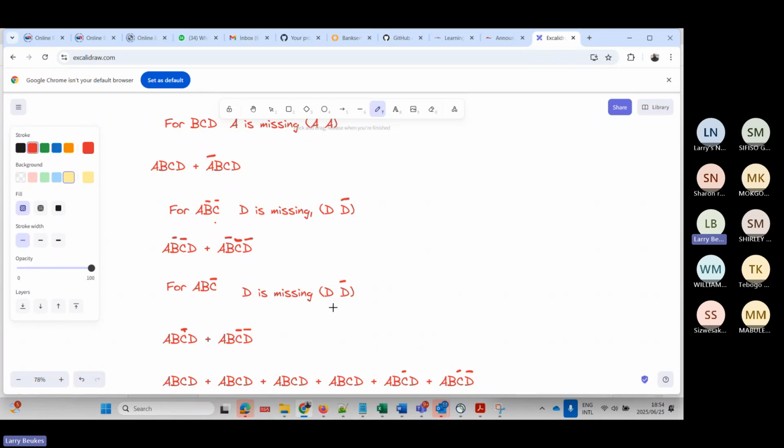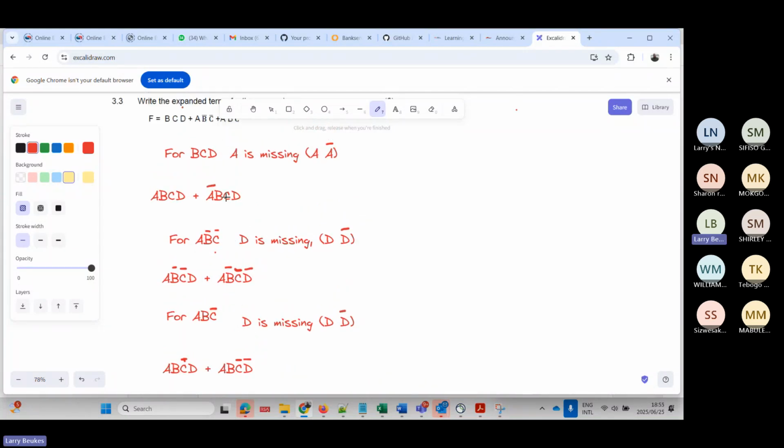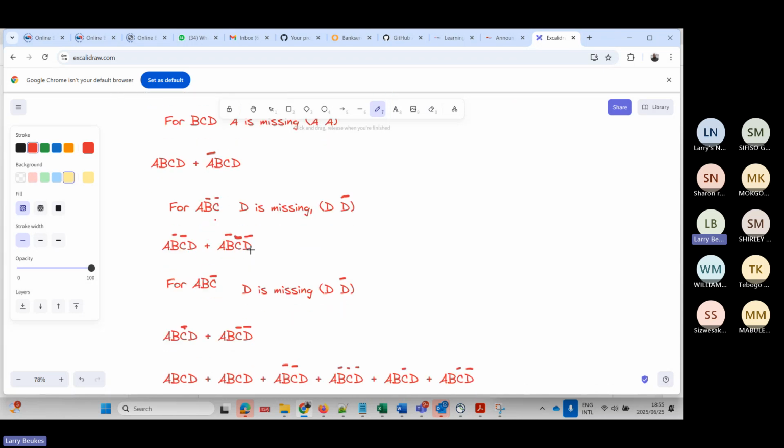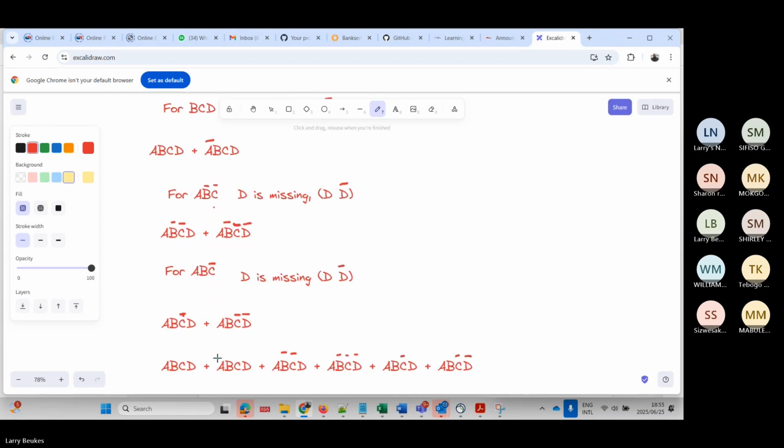So here, not D, not C, not B. And then here, not B, not C. And then the last one, A not, this one.